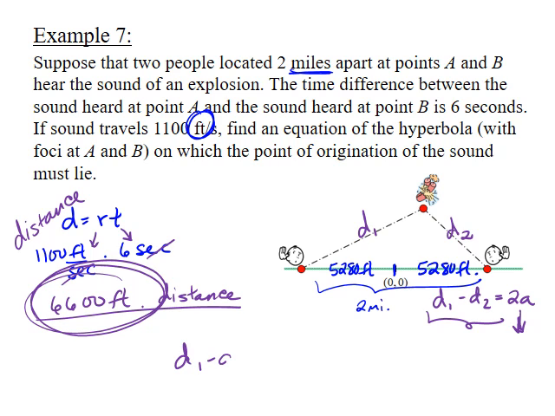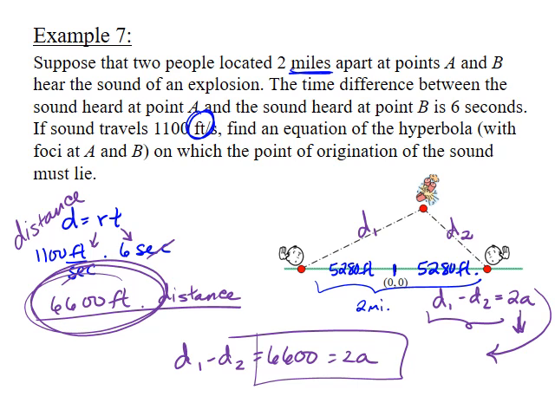d1 minus d2 is going to be this 6,600, which means this is equal to 2a from here. I'm going to continue with this on the next slide. If 6,600 is equal to 2a, I can divide by 2 and find that a is 3,300.